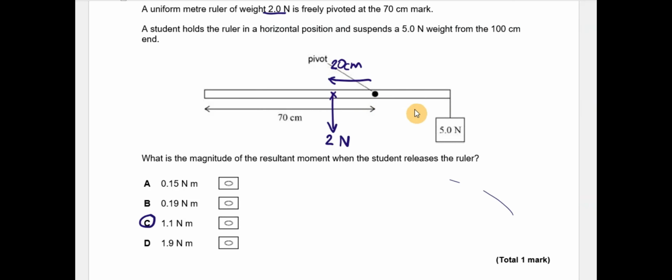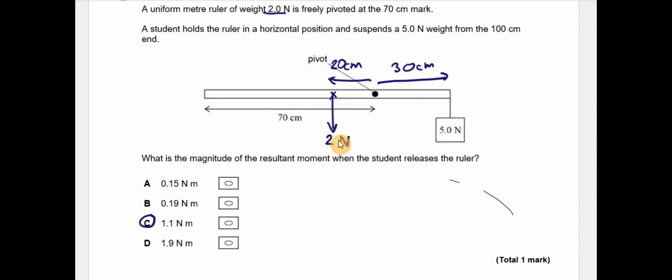We could also mark on the distance this 5 newtons is from the pivot point, which is 30 centimeters.